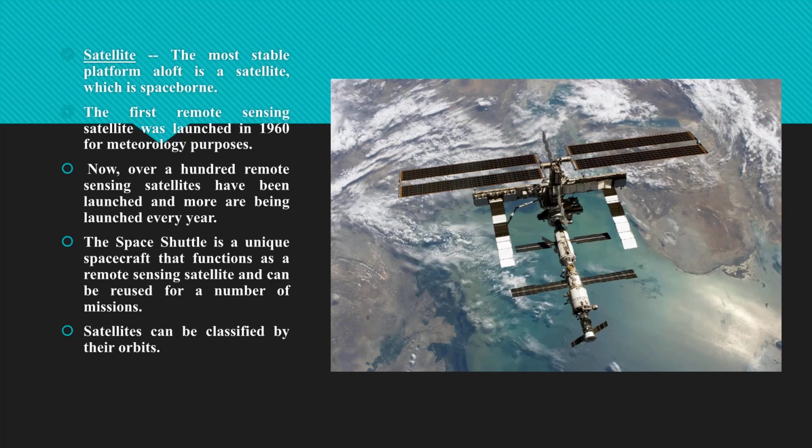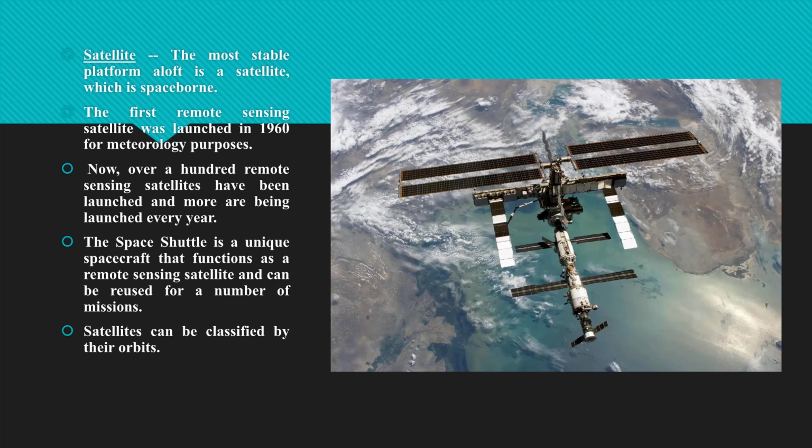They can be of various types, at various heights, according to their usage. The first remote sensing satellite was launched in 1960 for meteorological purposes, and hence it started the trend of spaceborne platforms.